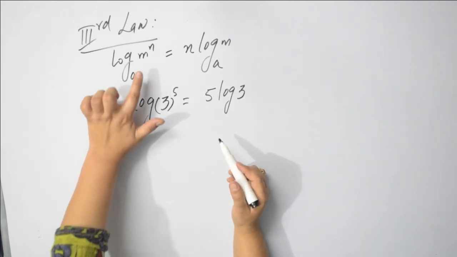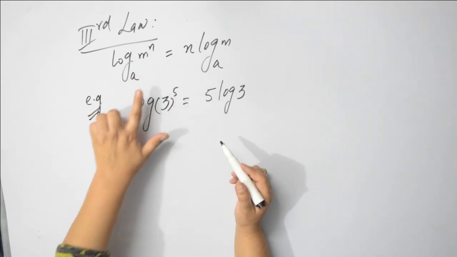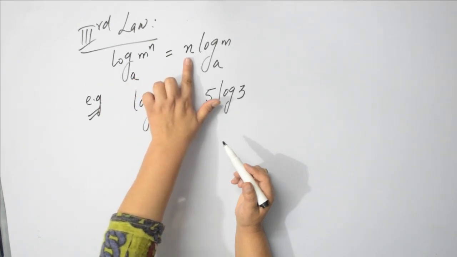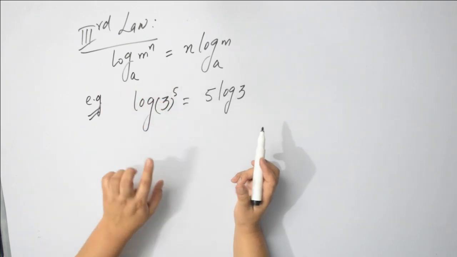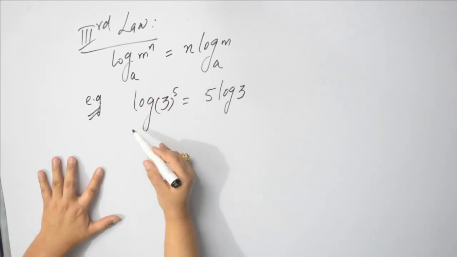Got it, students? Log of m to the power n, log of m having power n to the base a is equal to n. This is the exponent. The exponent you write before log, log of m, in the same way. For example, in this case, okay, let me take one more power.